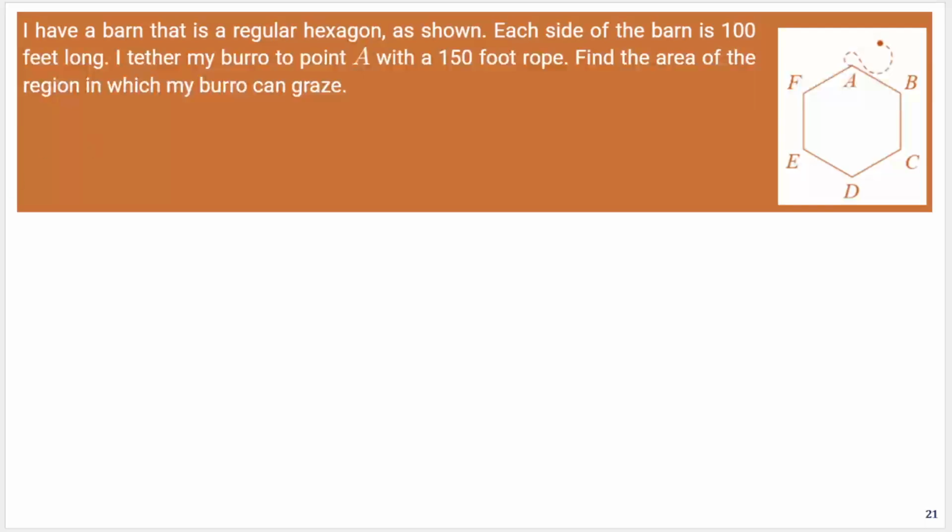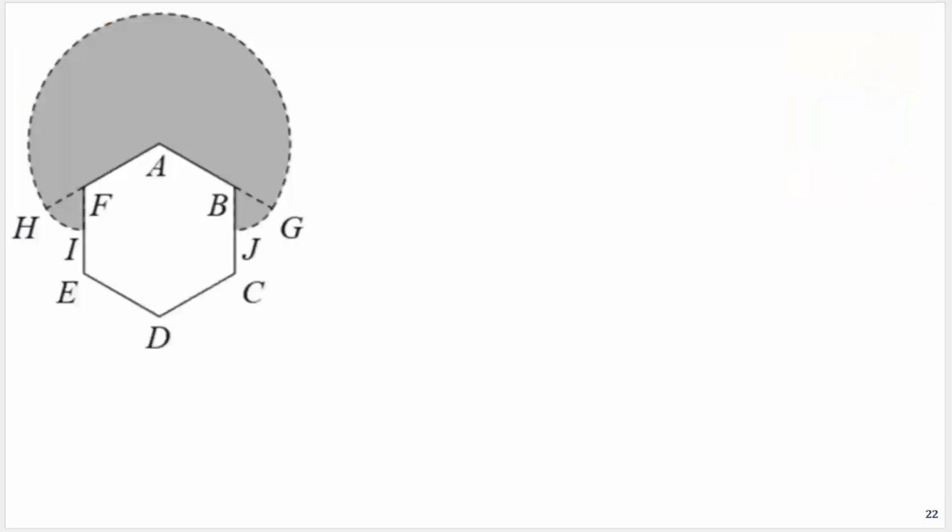All right, let's have a look at the solution together. Again, as I said, first we need to figure out what the region looks like, right? Say the burro is tethered at A, and roams so far that the rope pulls taut.